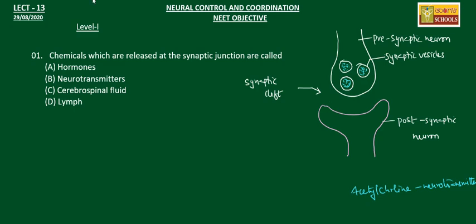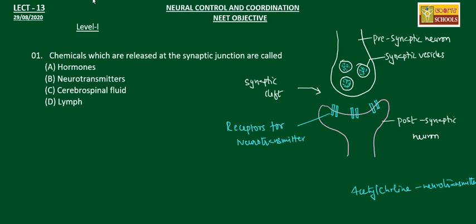For this, there will be receptors on the postsynaptic neuron. These are receptors for the neurotransmitter acetylcholine. Each neurotransmitter will have its own receptor.